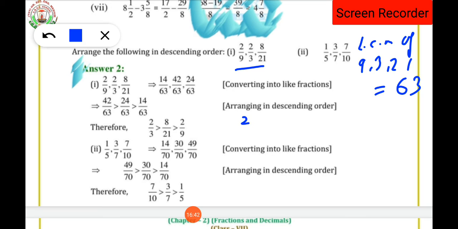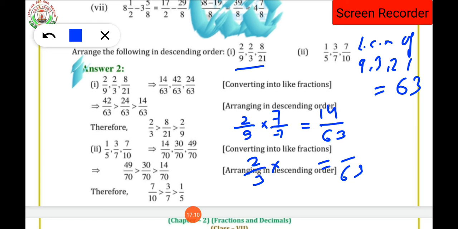Okay, now 2 by 9. The denominator 9 will be multiplied by which number to get 63? It will be multiplied with 7, because 9 7s is 63. So the same 7 will be multiplied in the numerator also. So 2 7s is 14. Understood? Now the second number is 2 by 3. So 2 by 3 will be multiplied by which number to get the LCM 63?